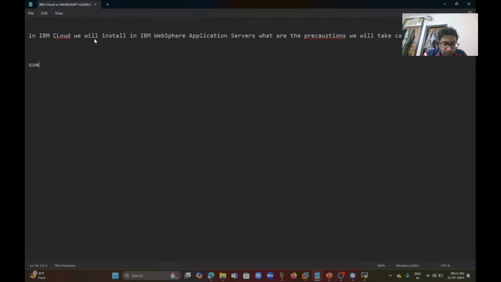And some of the servers are migrated, version 8.5.2 and version 9.0, and some of the servers are not migrated. So in this scenario, we need to deploy the application.